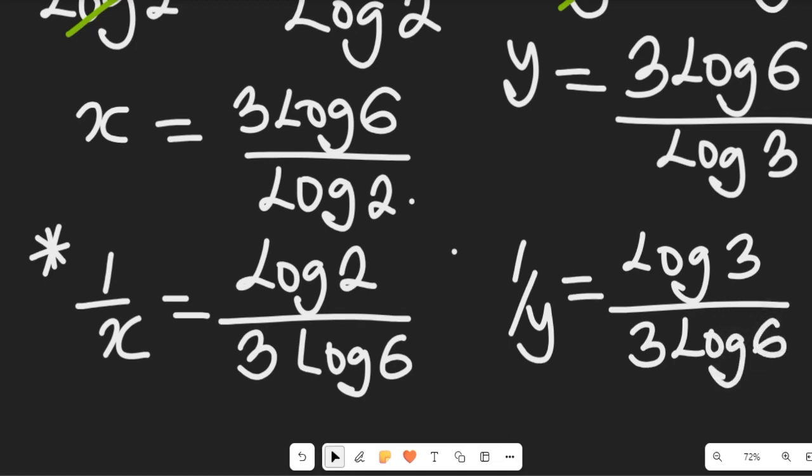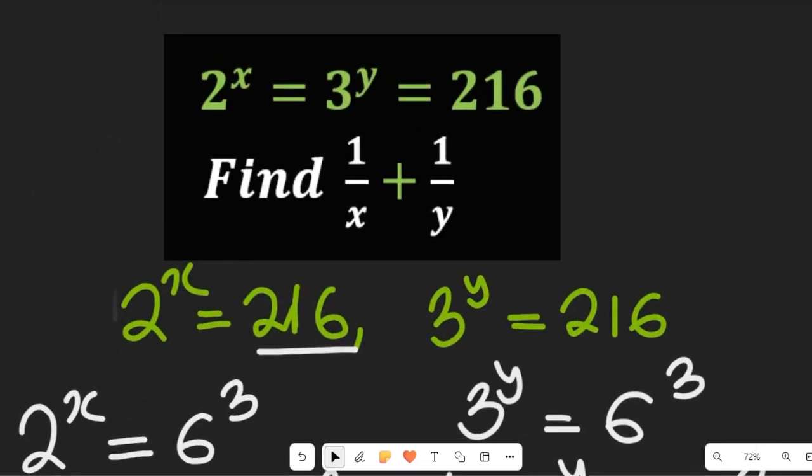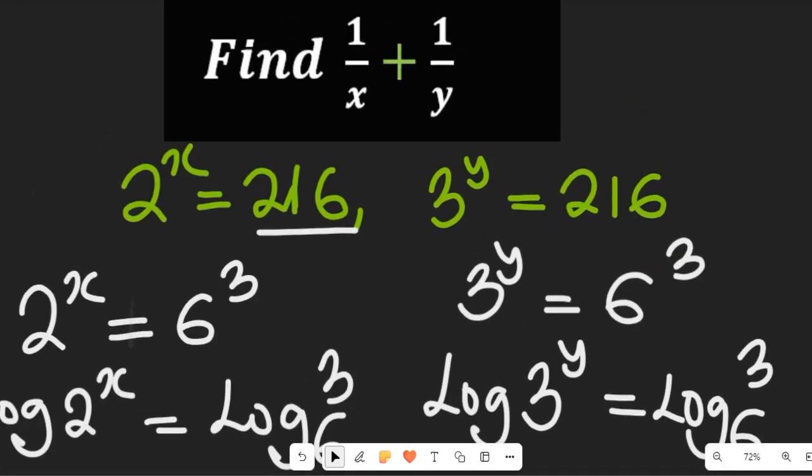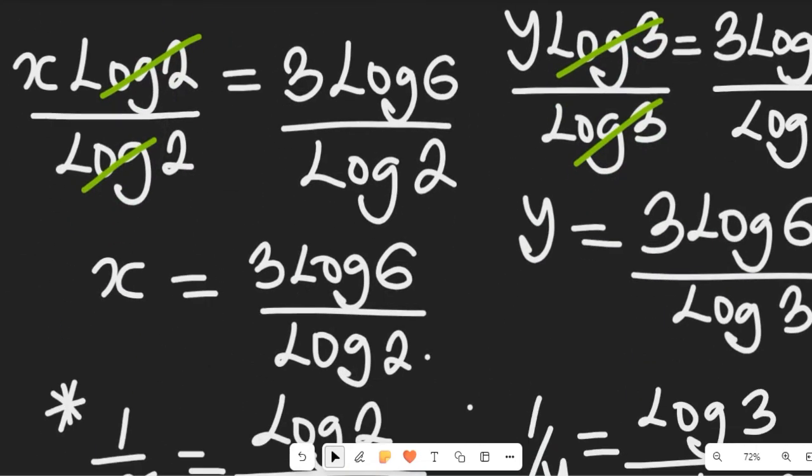Good. So from the initial point, what are we asked to look for? 1 divided by x plus 1 divided by y.